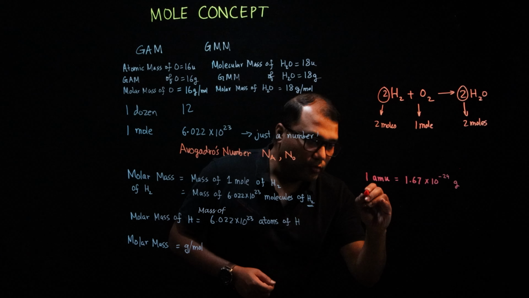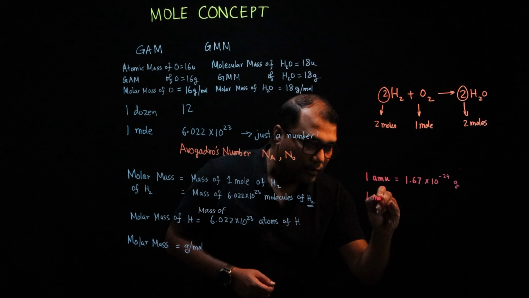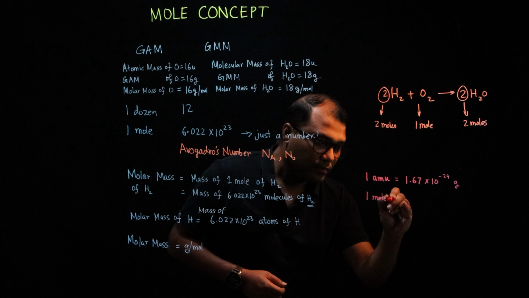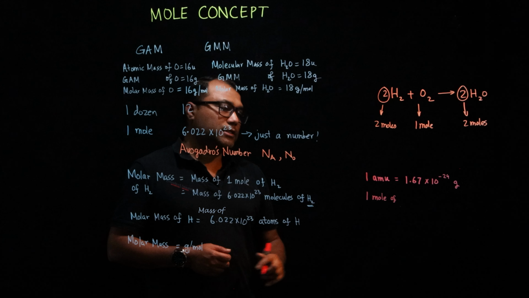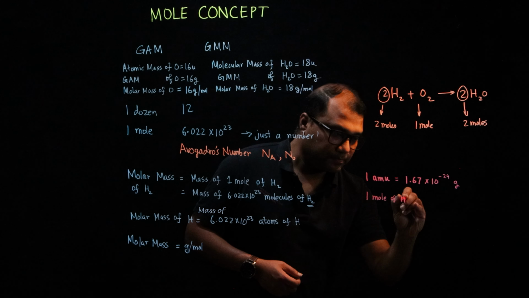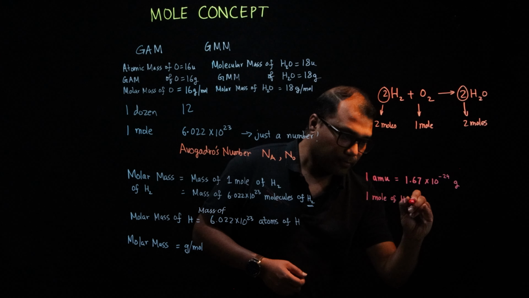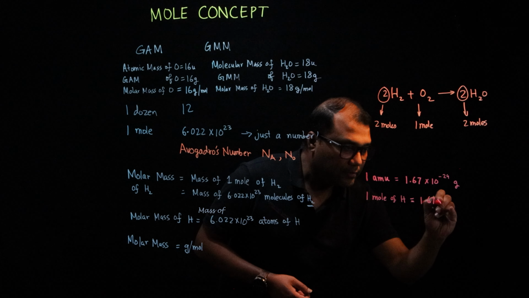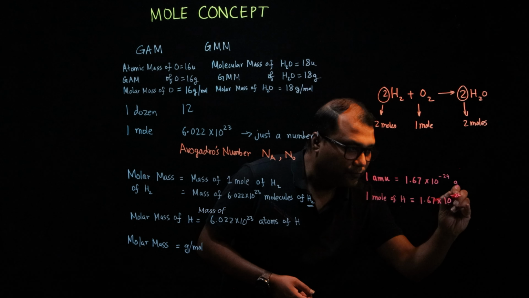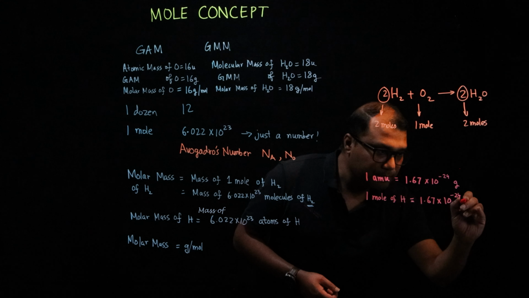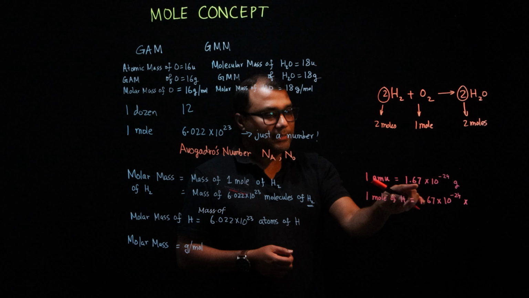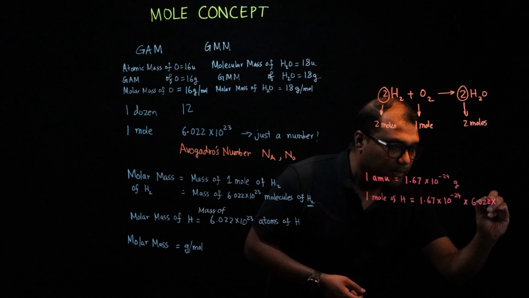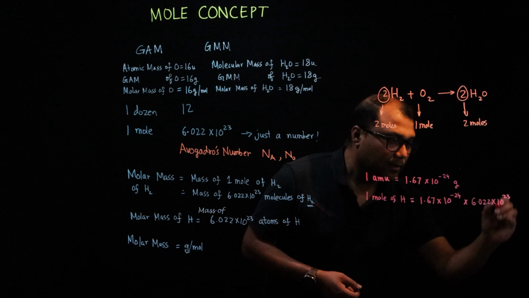So 1 mole of, let's say, protons or hydrogen atoms, will be how much? 1.67 into 10 to the power minus 24 gram times how many atoms of hydrogen are there in 1 mole? 6.022 into 10 to the power 23 atoms.